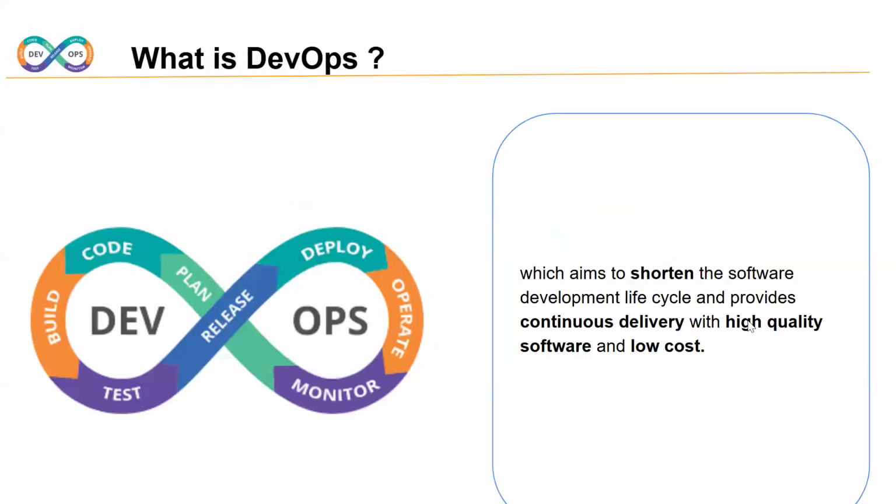Shortest time, high quality, low cost. Whatever lines of code are written by the developer, we are going to deliver them into the production environment within the shortest time, with high quality and low cost.